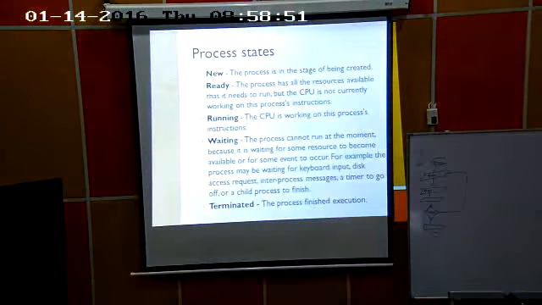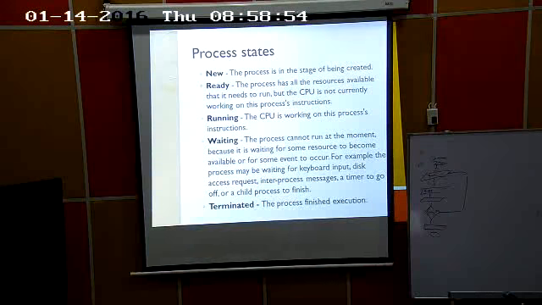However, the CPU is not currently working on the process instruction. It is ready, however it is not being executed because maybe job 1 is currently running. Job 2 needs to wait. The CPU is not ready.